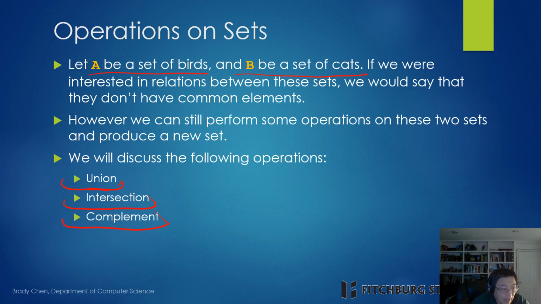So these are disjoint sets. However, can we actually perform any kind of operations for A and for B? We can actually create a new set based on these two sets. So that's something we're going to talk about.